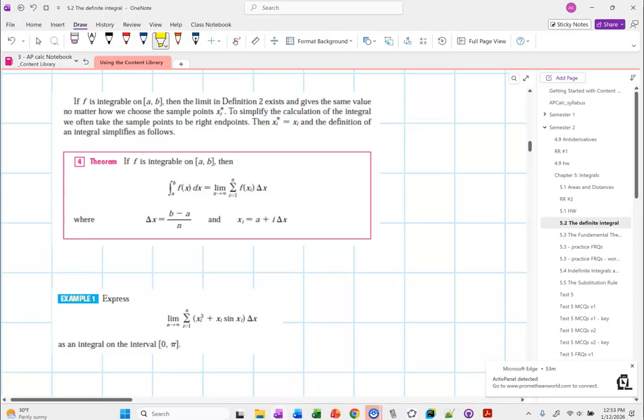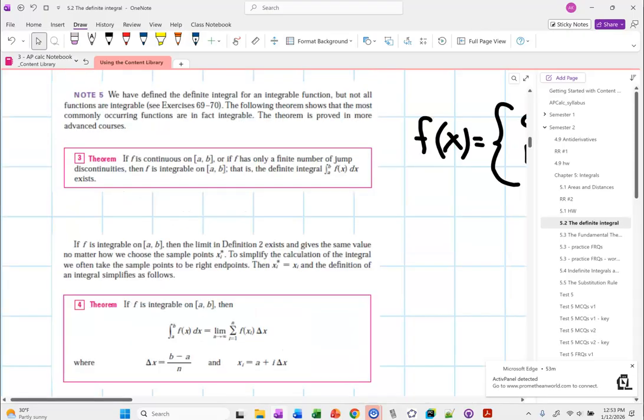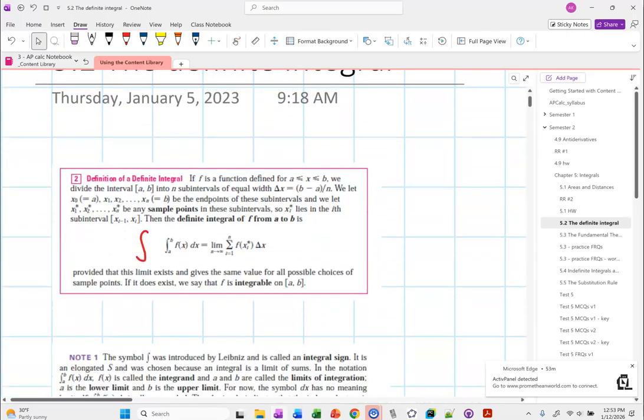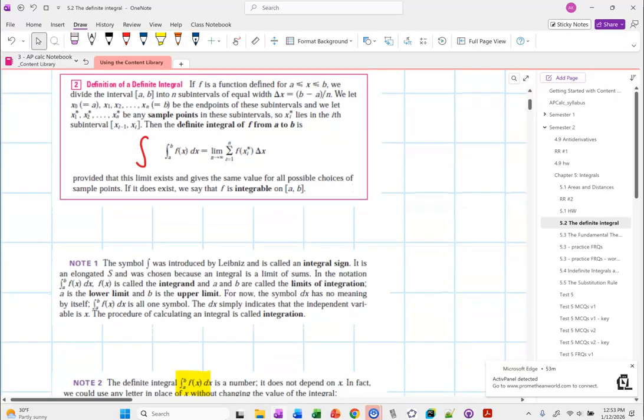So to simplify our lives, if f is integrable over a to b, definition 2, if we go back and look at this, says that this integral is going to be the same regardless of how we pick the heights, or the x to use to calculate the height of our rectangle.